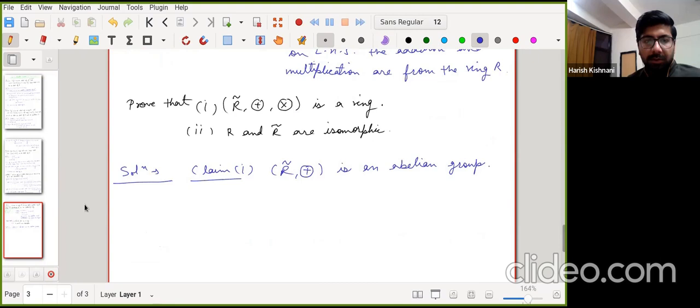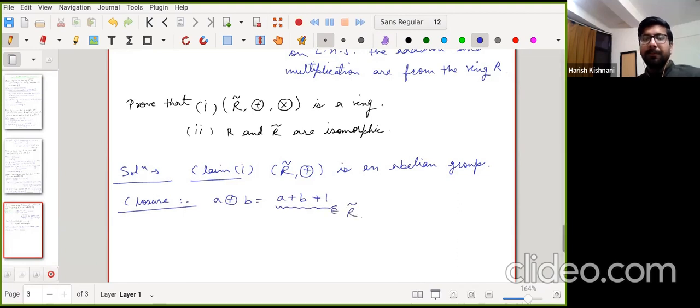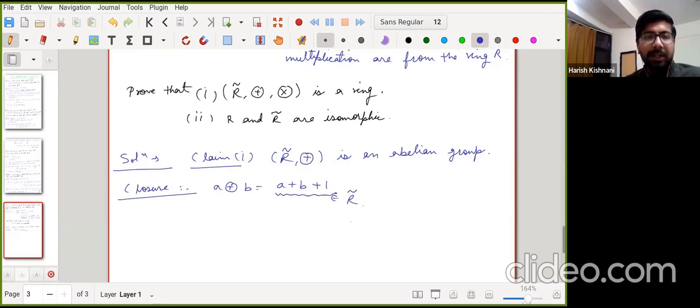So closure, I don't think any doubt should be there, because what is A plus B in this setup? This is going to be A plus B in the old setup plus 1. And since A is there, B is there in the ring, and 1 is also there, this is always going to be inside R delta, because R and R delta are defined on the same set and have the same elements.